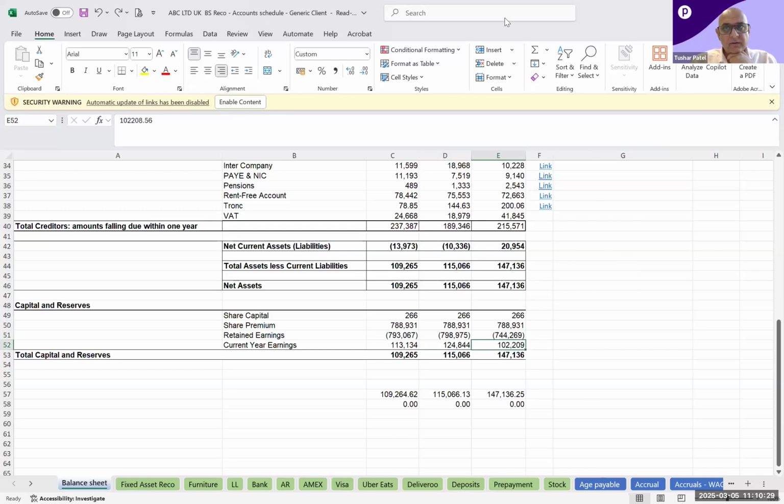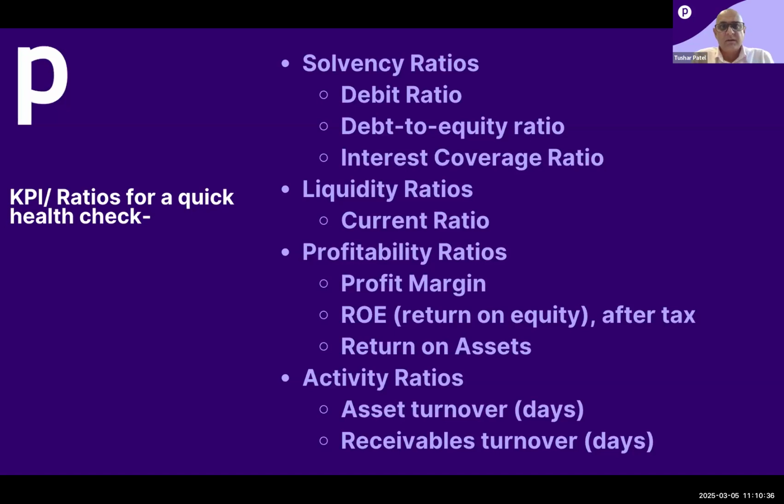We've now got some common ratios that would also provide you with some additional insight into your balance sheet and give you a quick health check. The top ones there, solvency ratios. Normally the banks focus on this, and any lender, and it shows effectively the ability to pay back debt and how affordable the debt is for that specific business.